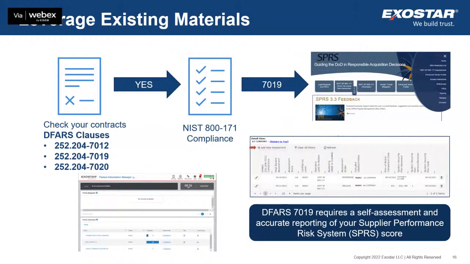Now, one way you may have done that: Exostar has a tool called Partner Information Manager. A number of the large prime contractors out there use this system to gather a questionnaire around NIST 800-171 compliance. It asks you for your SPRS score and how you're doing against these, and it takes you through that 800-171 questionnaire, just as you'll see in a minute that we do within Certification Assistant itself, and asks you explicitly, have you implemented this?